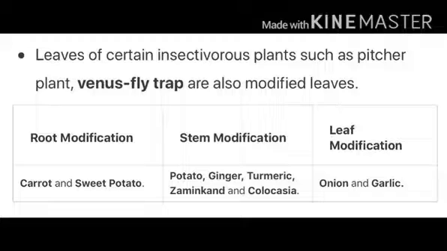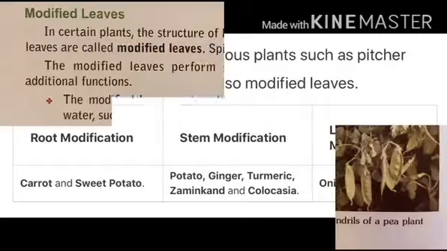Leaves of certain insectivorous plants such as pitcher plant and Venus flytrap are also modified leaves. Root modification like carrot and sweet potato, stem modification like potato, ginger, turmeric, etc. Leaf modification: onion and garlic, etc.